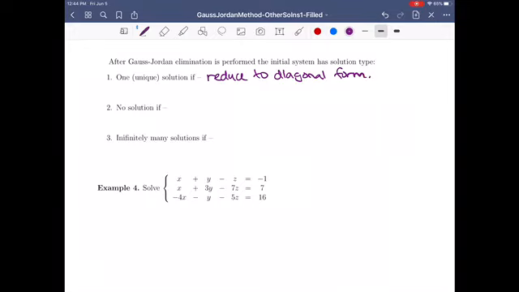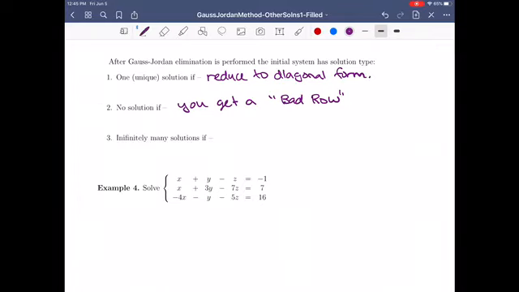So you can reduce to diagonal form. No solution if you get a bad row. Bad rows are actually good rows, because even if you get a bad row in like your first step, it tells you to stop. It means that you're done, essentially.